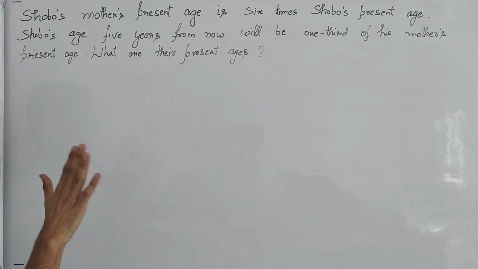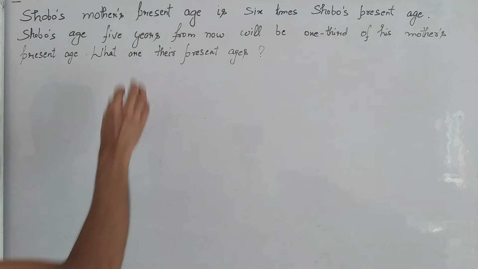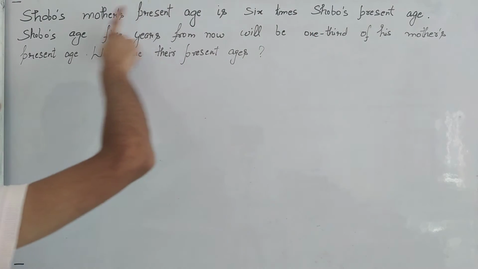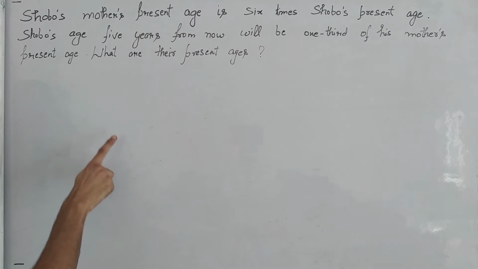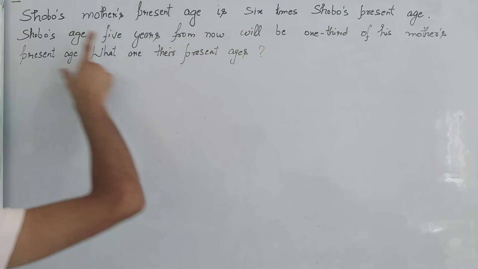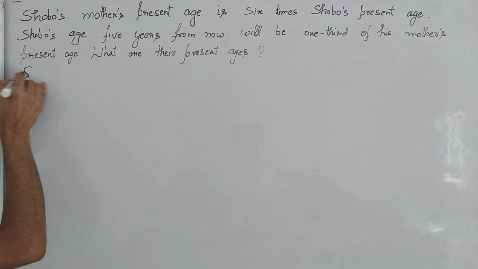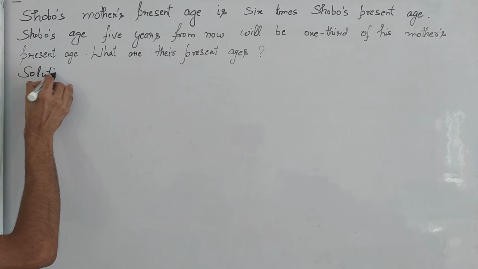We are not having the age of Shobo, nor the age of mother. So obviously we have to suppose it. Suppose it means we have to take a variable for it. Now the variable you can take for Shobo's age or Shobo's mother's age. Most of the time we take some variable x. Let us see the solution.